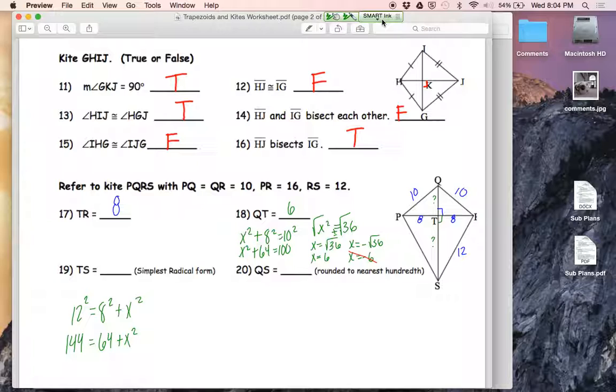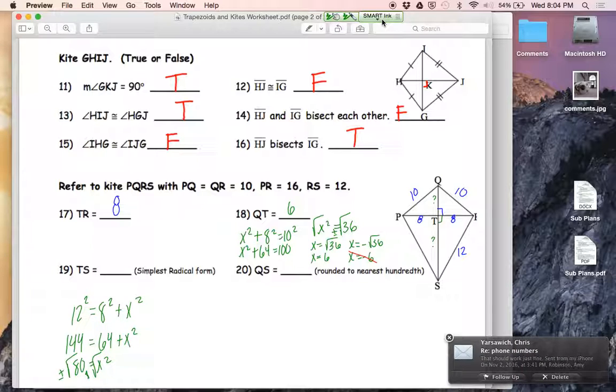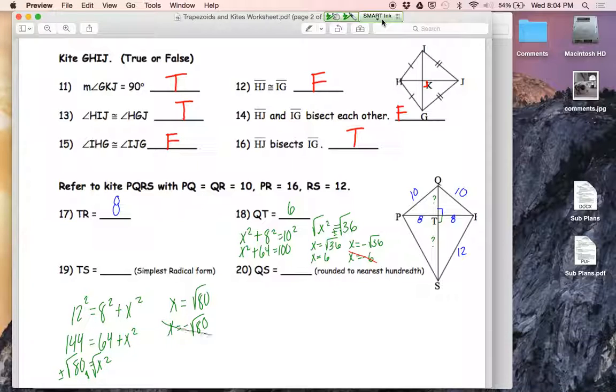Subtract the 64 from both sides, and we get 80. So 80 equals x squared. Square root. When you add a square root, you add a plus or minus. So we get x equals positive square root 80, and x equals negative square root 80. We don't want the negative answer because we're talking about the length of the side of a kite.